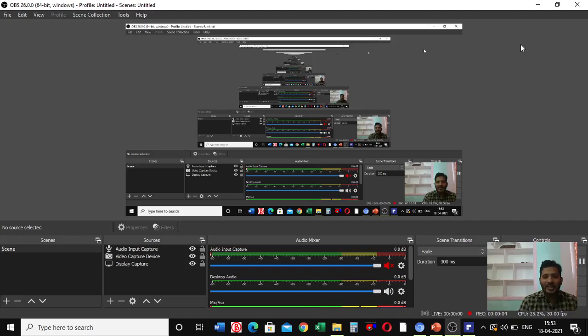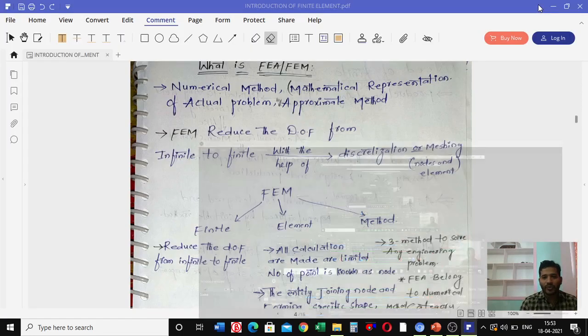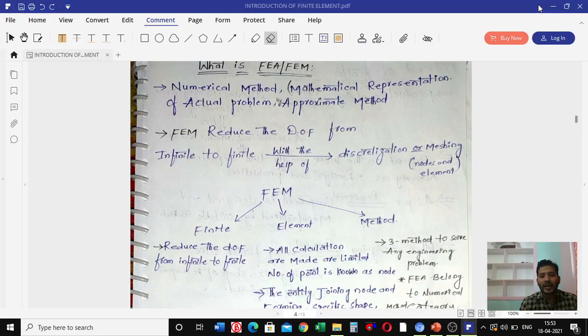So today in these sessions we are going to learn regarding the finite element analysis and finite element method. In the last class we already studied the introduction to the finite element method for solving field problems.